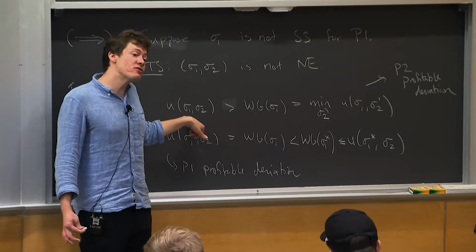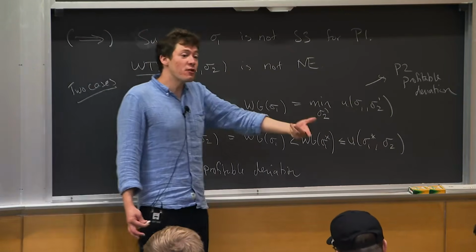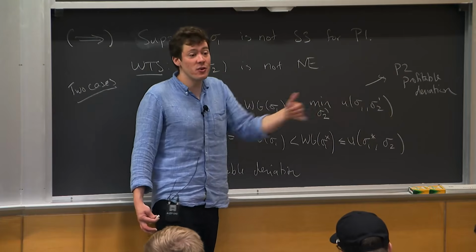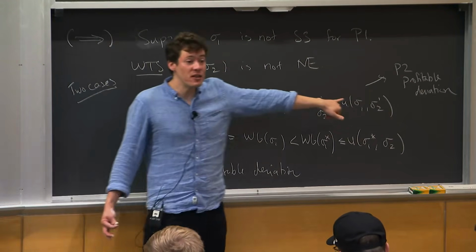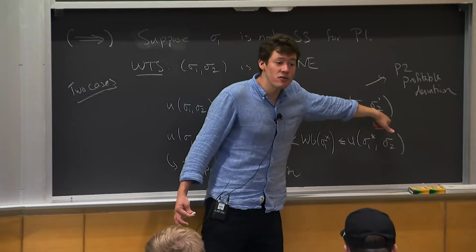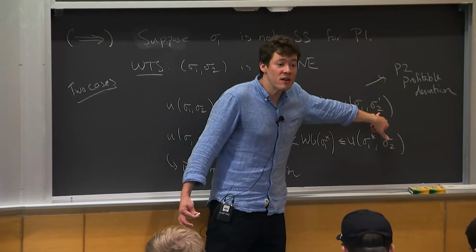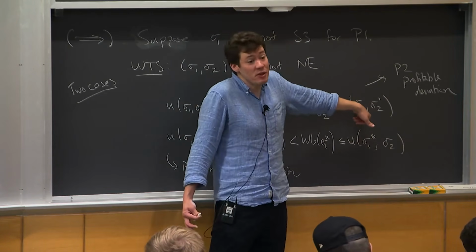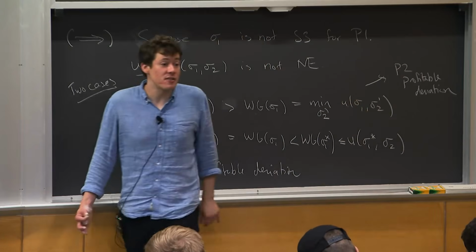And it could be that given this really weird play by player 1, the best thing for player 2 is actually something else really weird. So it doesn't necessarily mean that when player 2 deviates, we're going to get an equilibrium. This is not necessarily a security strategy for player 2 because it's the strategy that does best against sigma 1, which could be something really, really strange. And therefore, it's not necessarily a security strategy.